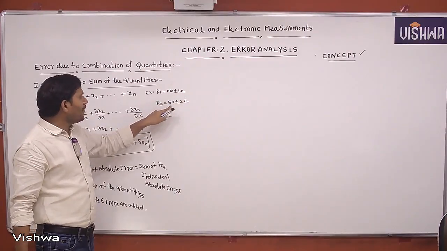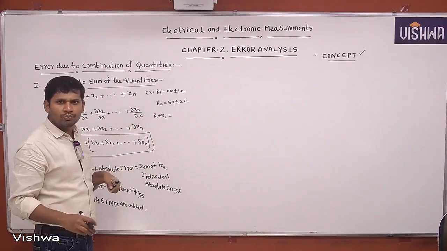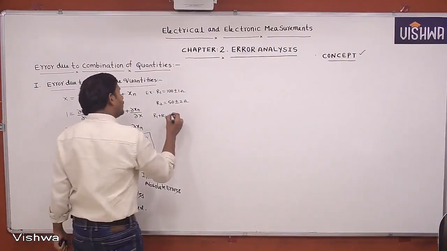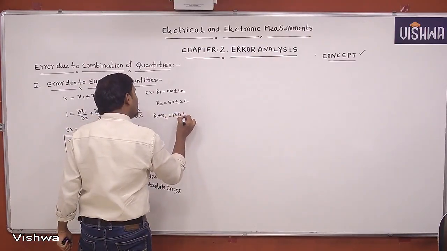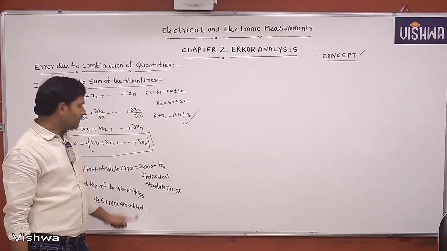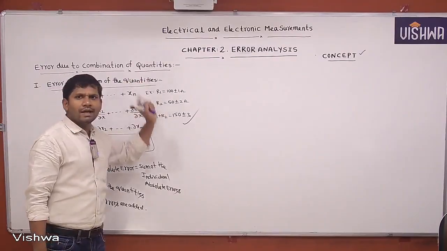In the measurement of R2, 50 ohms is measured with plus or minus 2 ohms. Then R1 plus R2 equals 150 plus or minus 3 ohms. Right answer. This is the proof that in addition of quantities, absolute errors are added directly.